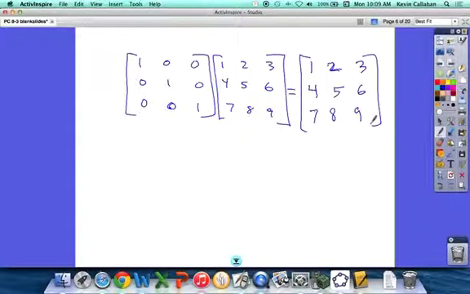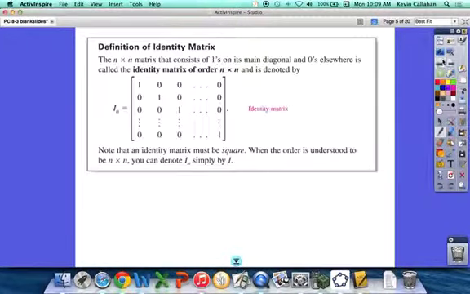So when you have that kind of matrix, any matrix you multiply by it, you'll get the same thing back again. So we can call this the I matrix, I for identity, and I times anything is that same matrix back again. So the definition is here.